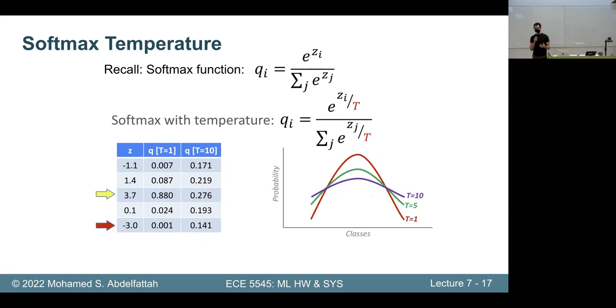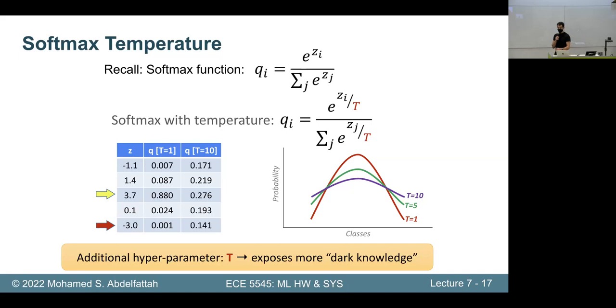And remember, in knowledge distillation, we're trying to get more information about the wrong classes. And so just numerically, for this to be effective, this softmax temperature turned out to be quite important. In Hinton's paper, he calls it dark knowledge. So with this additional hyperparameter, the higher your temperature, the more dark knowledge it exposes.